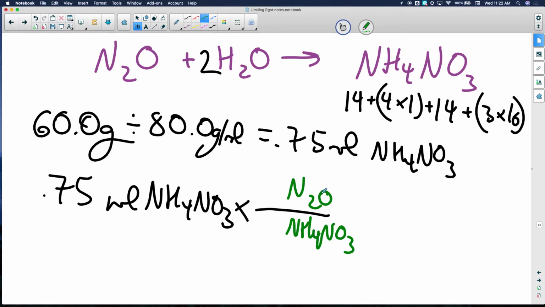Nope, the coefficient. There's no coefficient. We assume it has a coefficient of 1. What's the coefficient on this? 1. What's 0.75 times 1 over 1? 0.75. So you have 0.75 moles of N2O.